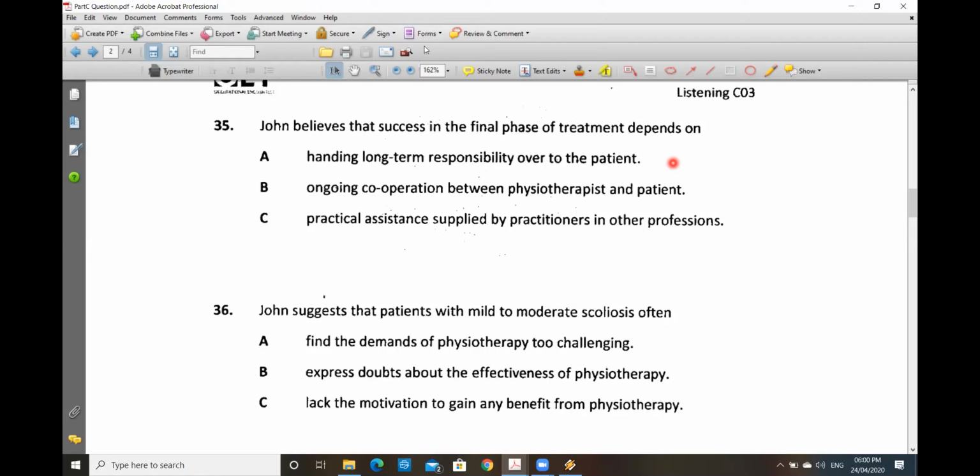Okay, so now type in your answers. Okay, so for 35, I can see a lot of you have chosen B, and for 36, I don't see some of you sending answers.